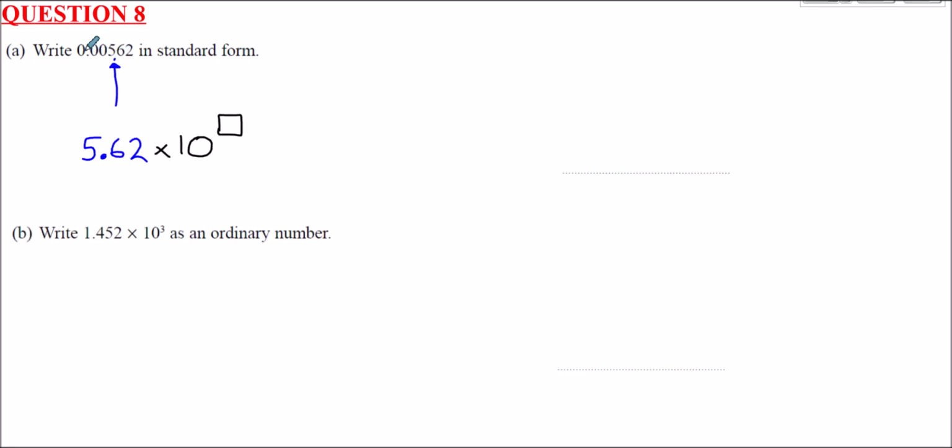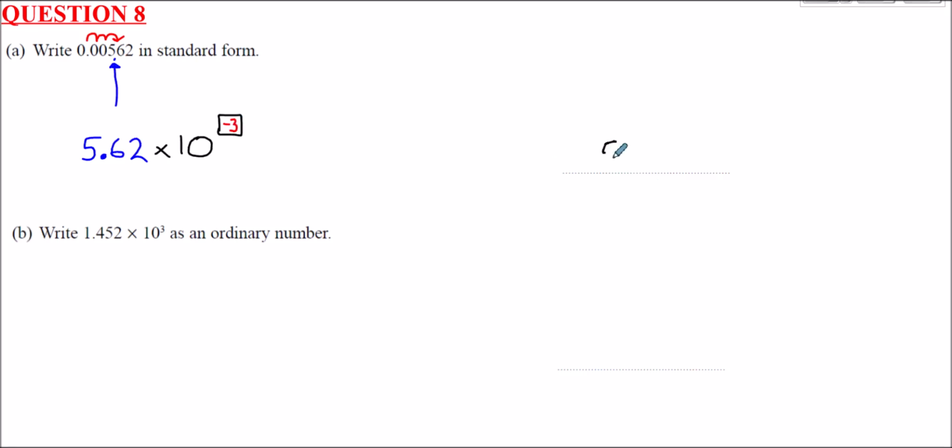Right now the decimal is here. We need it in between the 5 and the 6. So to get it to where it needs to be, we need it to be 1, 2, 3 places to the right-hand side. Because this number is less than 1, the 3 relates to a negative power, so it needs to be minus 3.